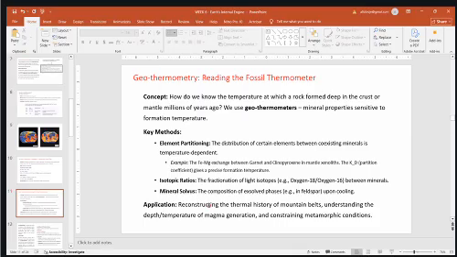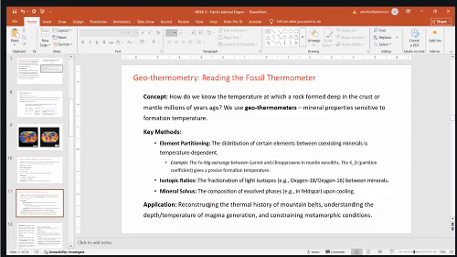So how do we do that? Through element partitioning. The distribution of certain elements between coexisting minerals is temperature dependent. That means we take an element and partition it between minerals. Example: iron-magnesium exchange between garnet and clinopyroxene in mantle xenoliths. Geology students, you know how to pronounce this very well.